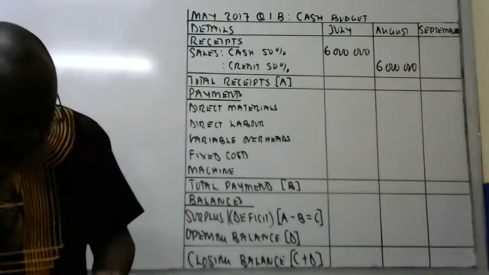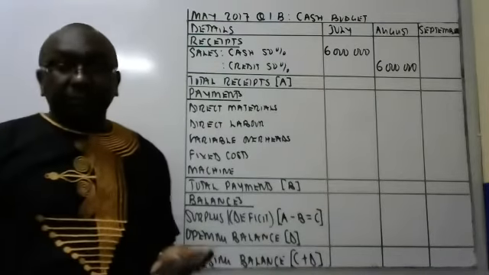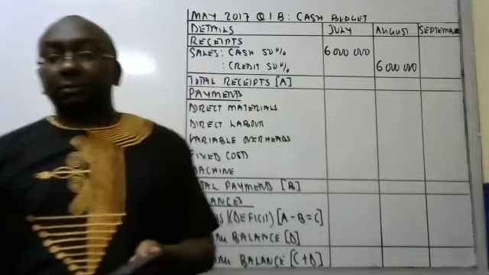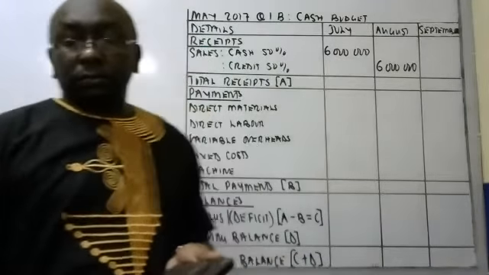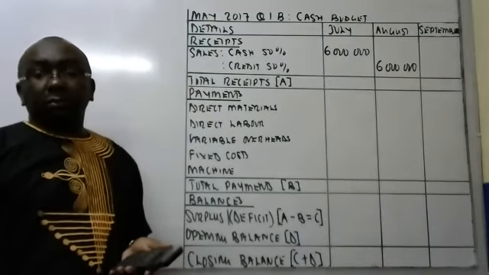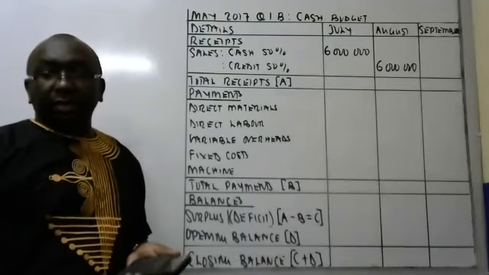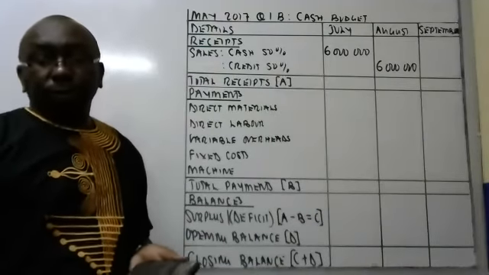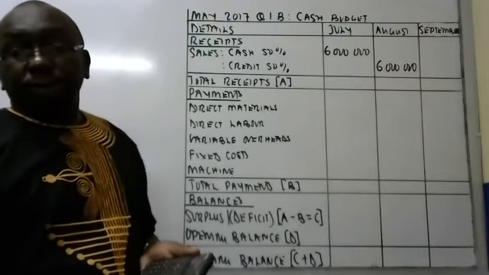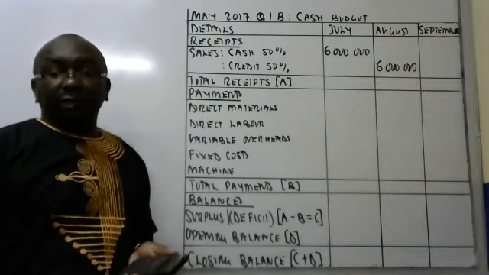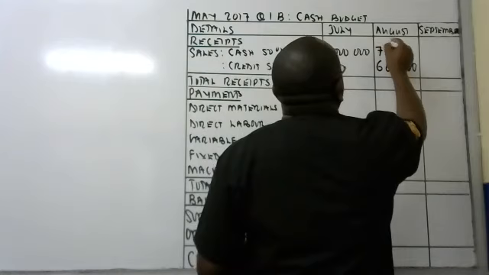August, you say 1,800 times 8,000 times 50%. Send me the answer. 7,200,000.